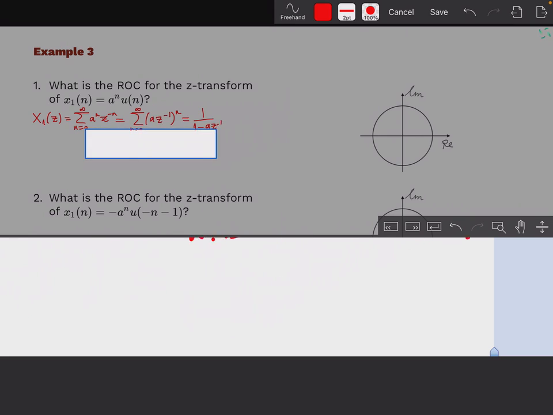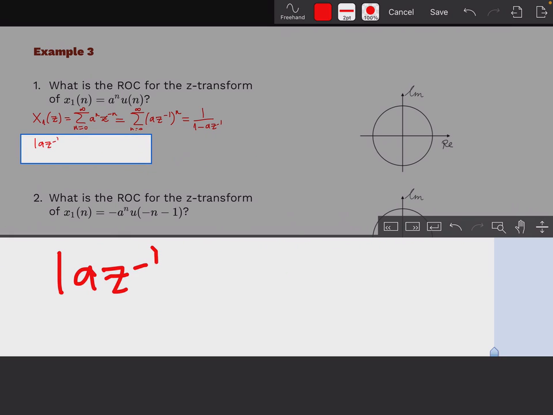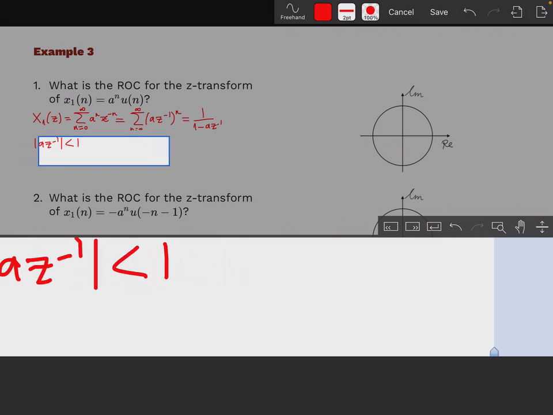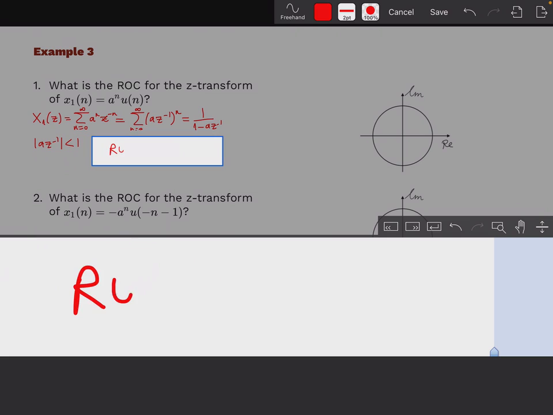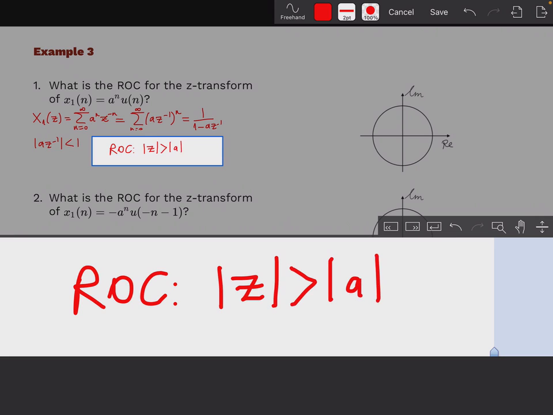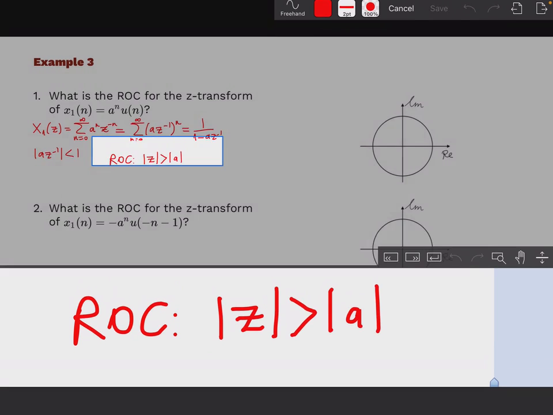When is it going to converge? It's going to converge when the absolute value of a z to the power minus 1 is less than 1, which means the region of convergence is absolute value of z greater than absolute value of a. So this is our region of convergence.